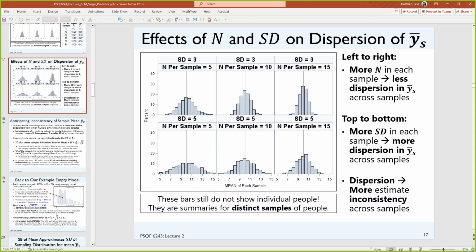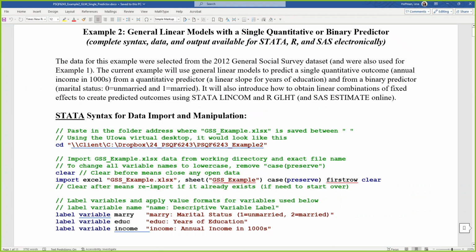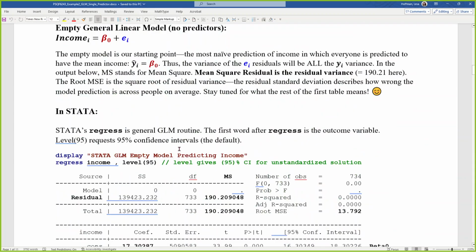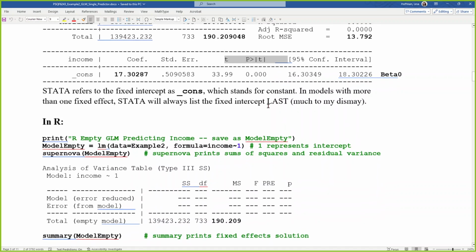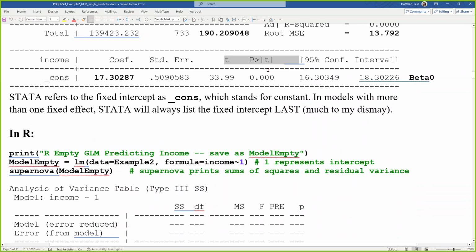That's why on the output, let me find an example, it's written like this: P exceeds the absolute value. P if the absolute value of t is exceeded, I think is what that actually means. It could be better labeled, but yeah, it's a two-tailed hypothesis test. And essentially, if you wanted a one-tailed, you would take it and double it.